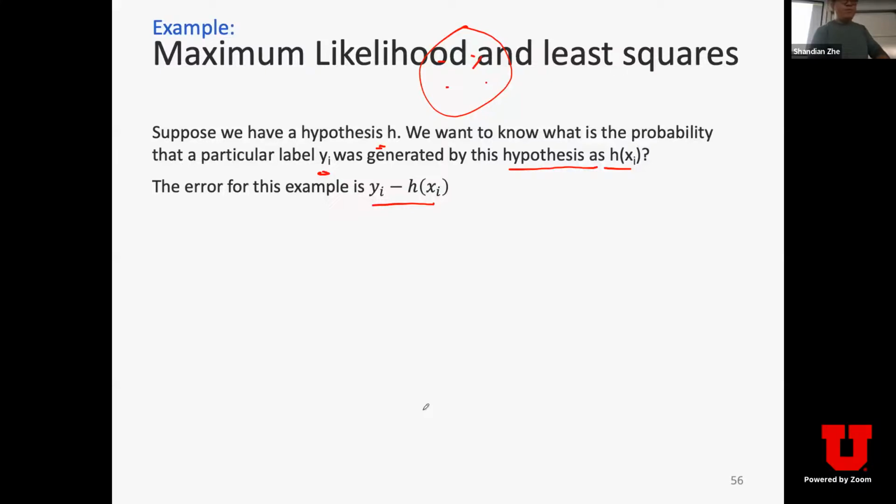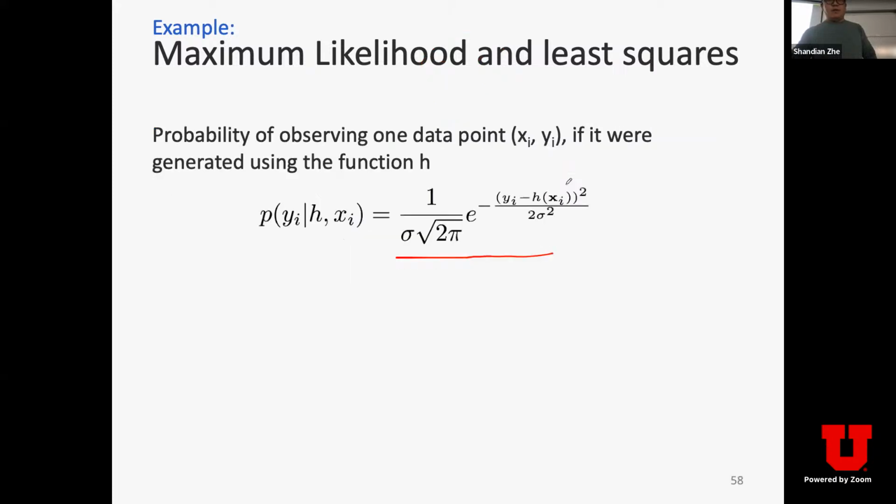Based on this assumption, we calculate the likelihood of the data set given each hypothesis. When we calculate likelihood, we assume that this particular H is the ground truth. You assume your H is the true F, then what is the likelihood of yi? And then it is a Gaussian.